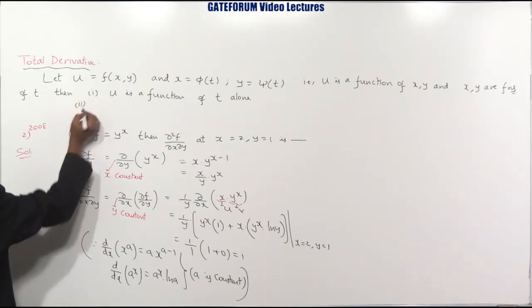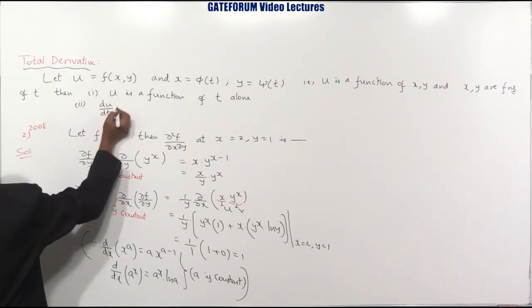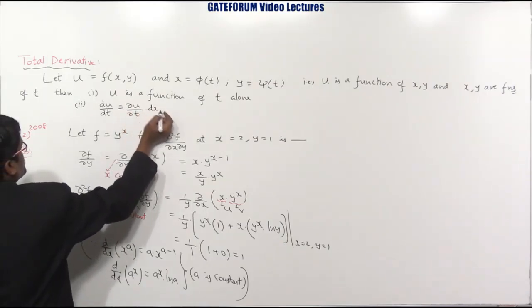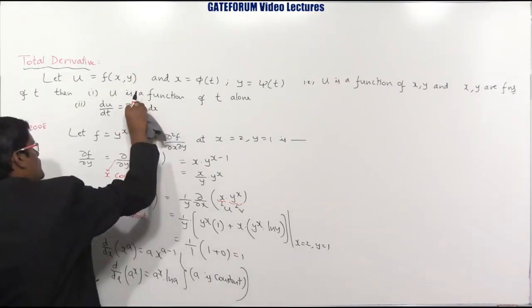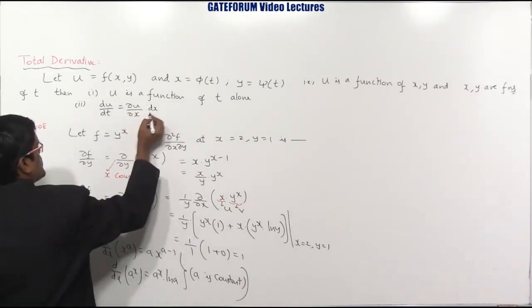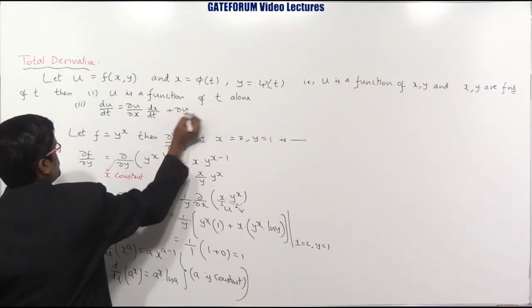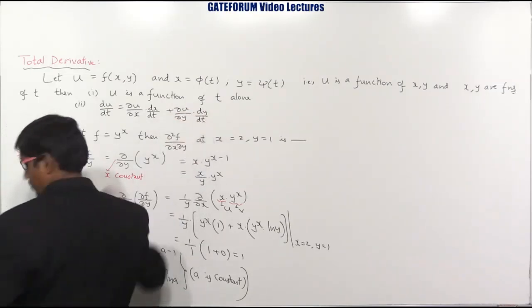Number 2, du/dt is equal to ∂u/∂x into dx/dt plus ∂u/∂y into dy/dt.